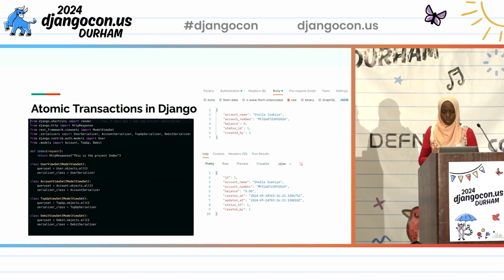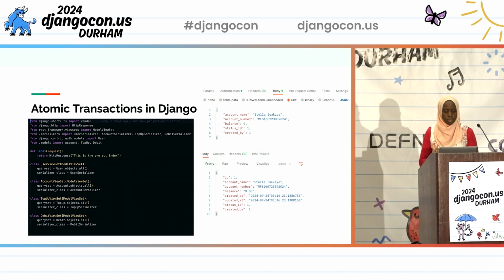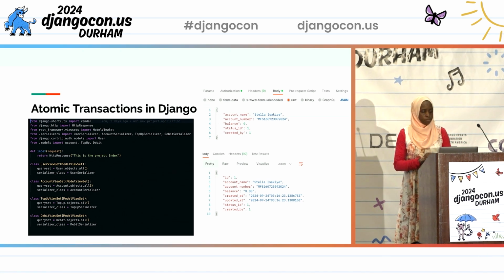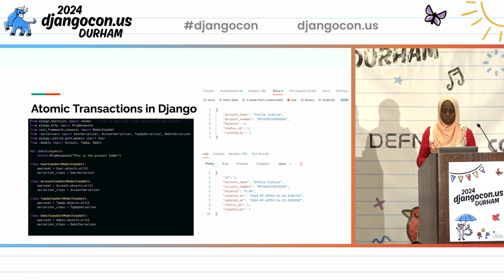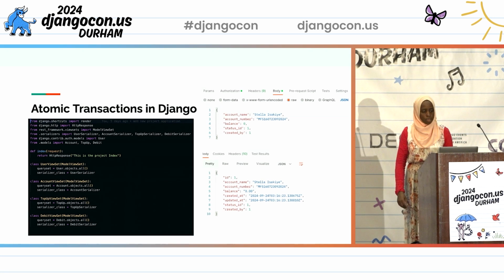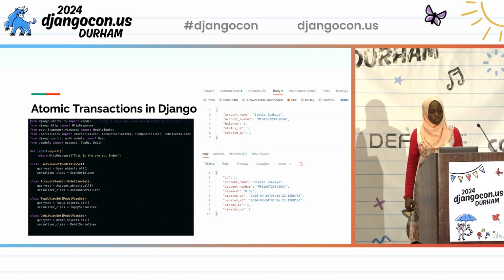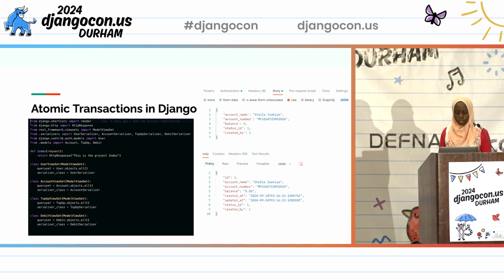So how do we perform atomic transactions in Django? I used an example of some APIs. What you see there is the user creation of an account, a top-up, and a debit.